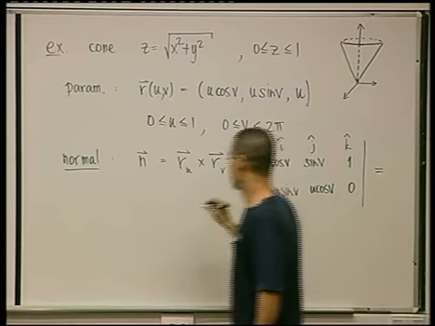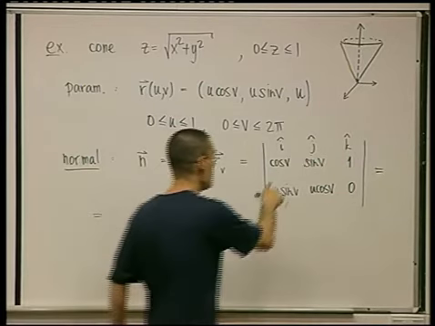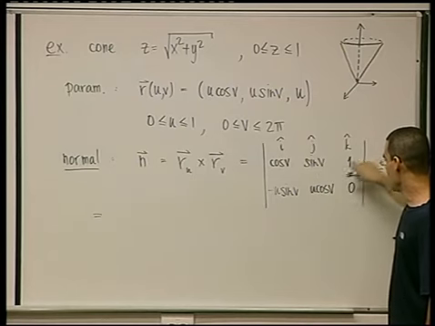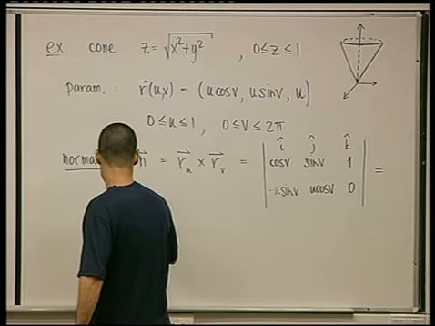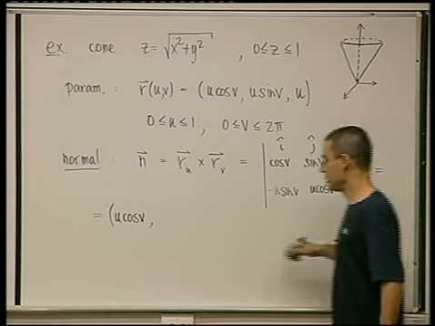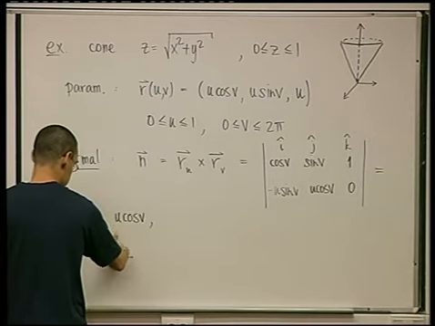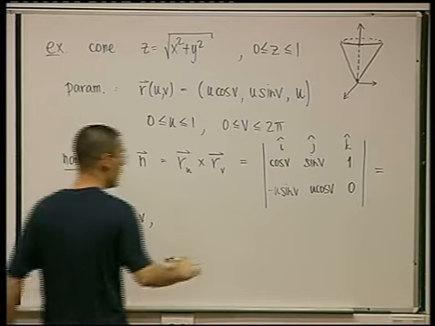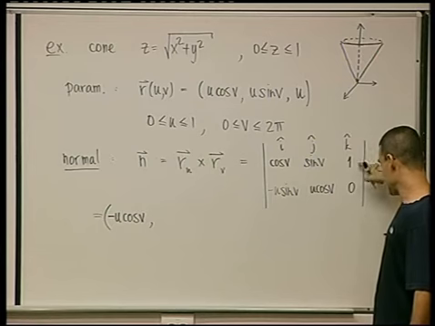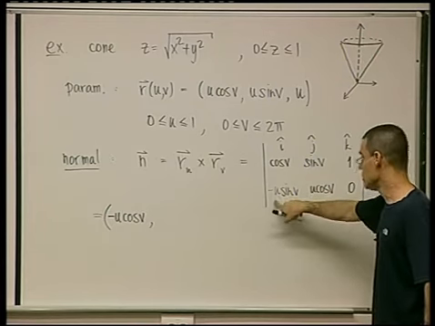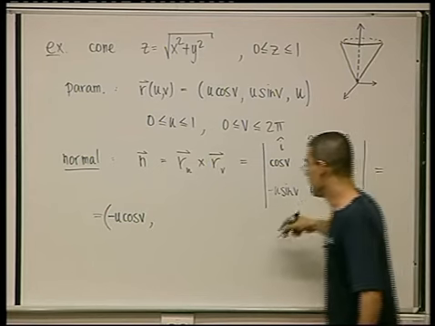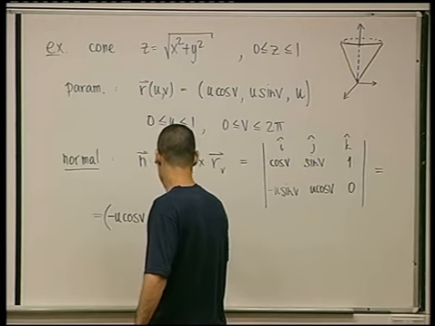And now let's find what we get. In the i direction, I get sine v times 0 minus 1 times u cosine v, so I get minus u cosine v. In the j direction, I get cosine v times 0 minus 1 times minus u sine v, so it becomes a plus, but then there's a minus because of the j, so I get again a minus u sine v.